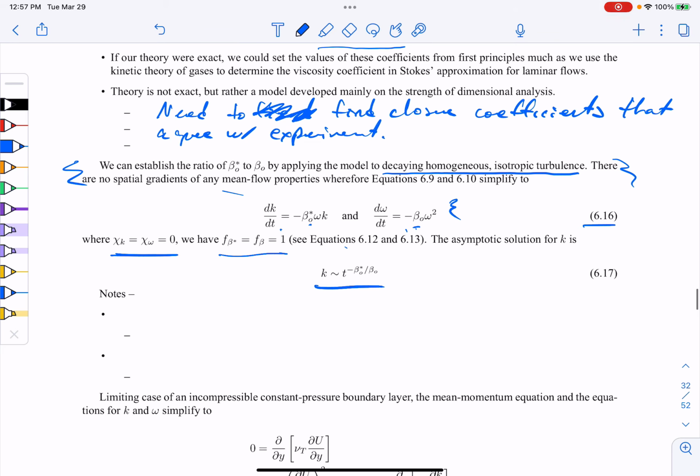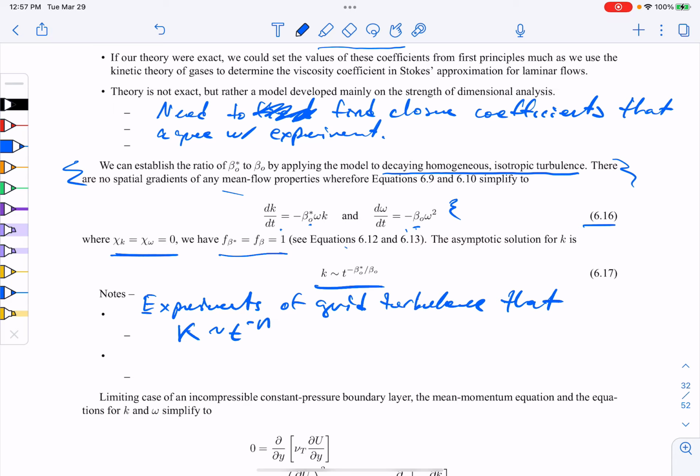Now, I guess you could try and estimate this with Kolmogorov's theory, but I already mentioned that paper out of Tsuji. And we know that from those experiments, say of grid turbulence, that K goes as t to the negative n.